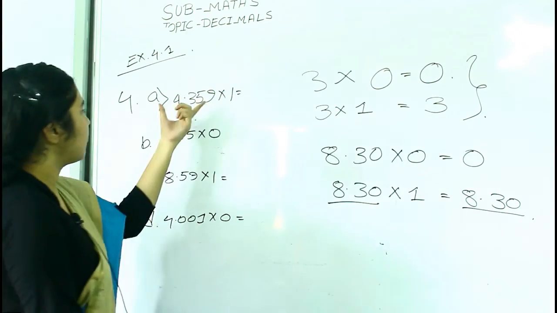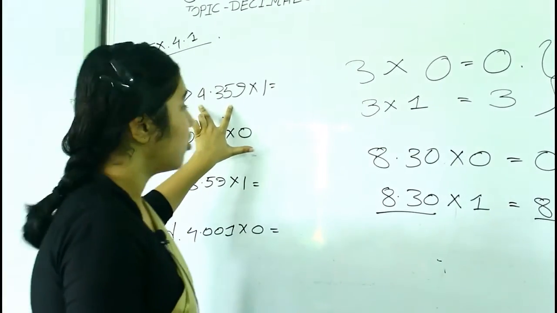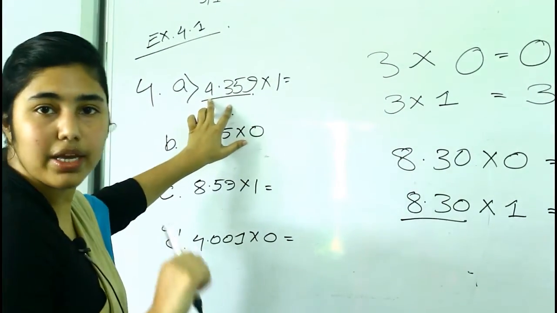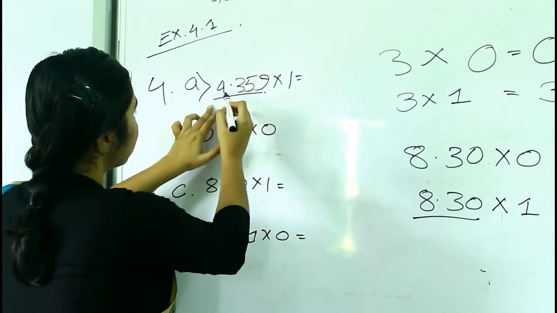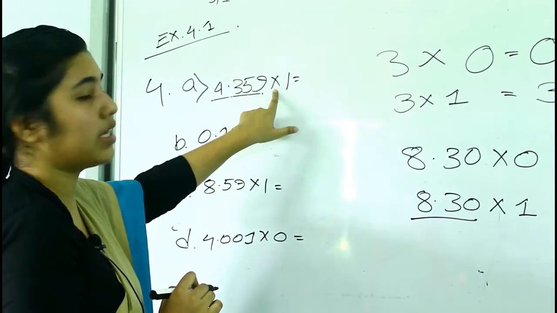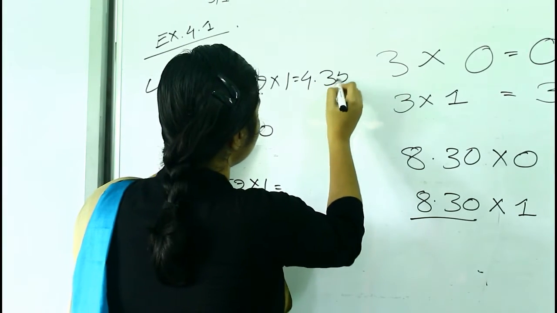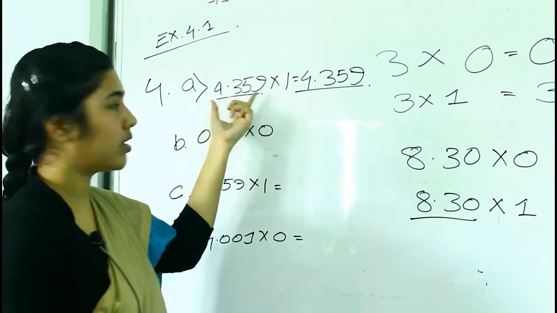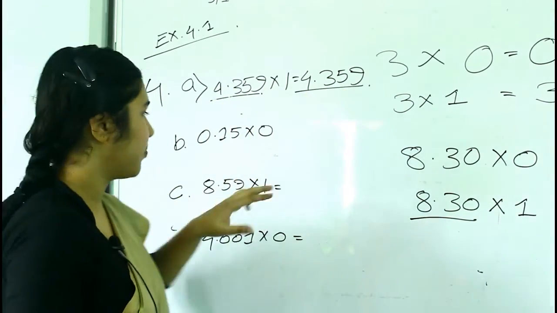Now if we multiply any real number, this is applicable for decimal numbers also. So here we have 4.359 into 1, which means we will get the number itself. If we multiply any decimal number with 1, we will get the same number.